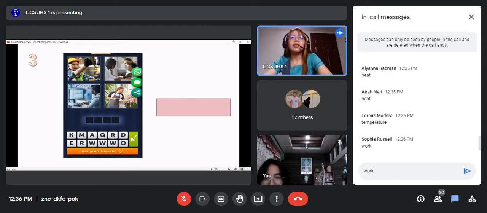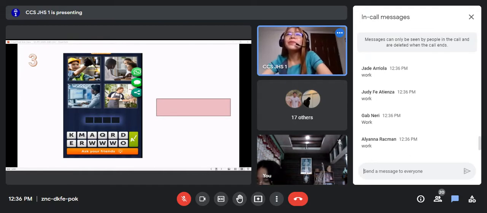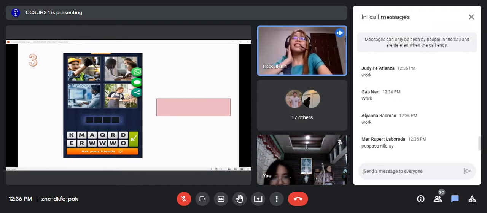Next, for our third picture. What about this? Sophia. The correct answer here is, let's reveal. Very good. Work. So you will get an additional 1 point for our activity later.